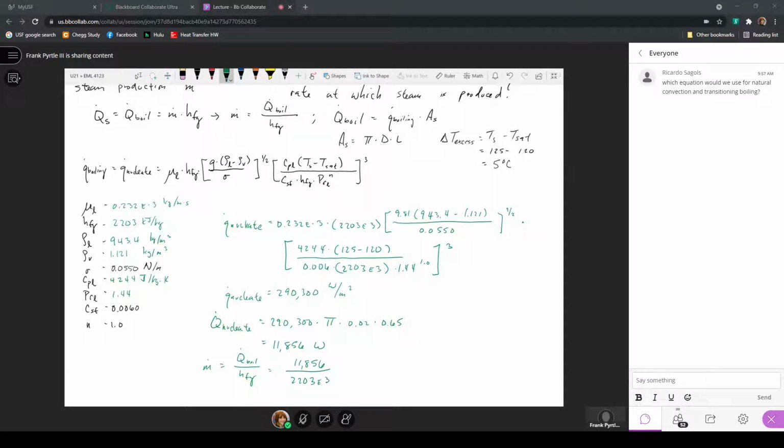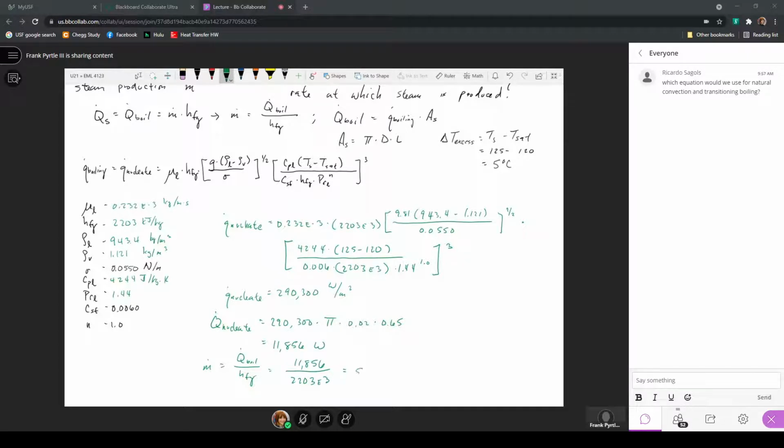That would be joules per kilogram, or 2,203 times 1,000 joules per kilogram. So I can get basic units that are just going to be kilograms per second. Okay, so here are the kilograms per second that will be produced. Here it's 11,856 divided by 2,203.